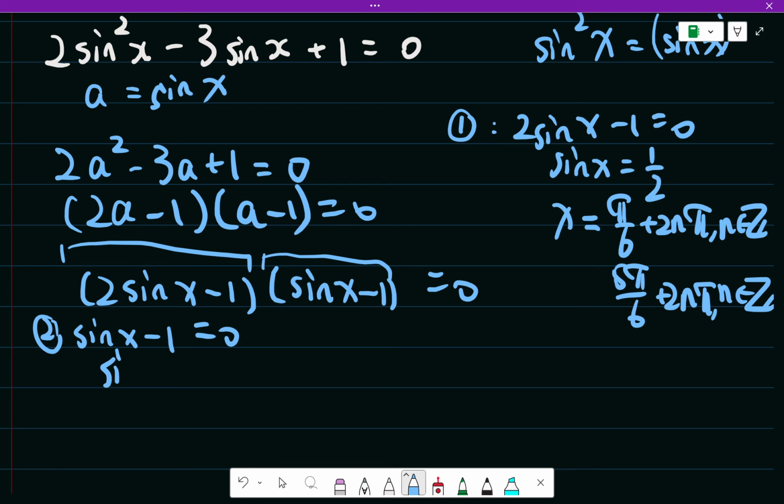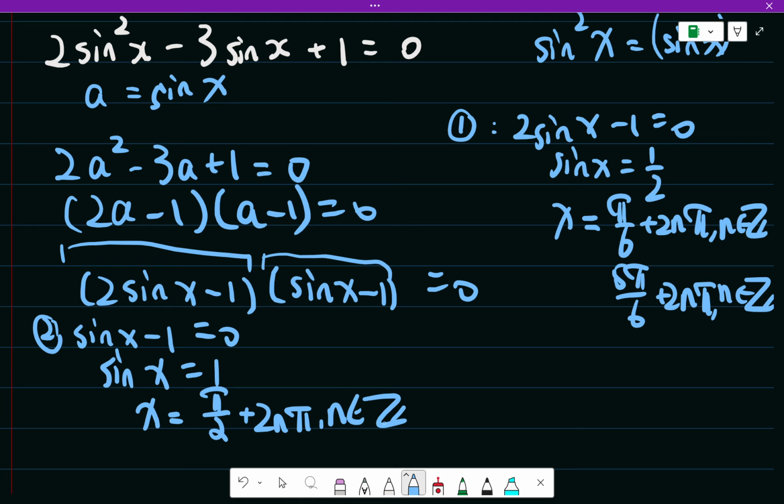In this case, sine x will be 1, and x would be pi over 2 plus 2nπ, where n is an integer. Be careful that this is different to cosine: when we're talking about sine, when x is equal to pi over 2, it is 1, and when x is 3 pi over 2, it is actually negative 1, so that is not right.